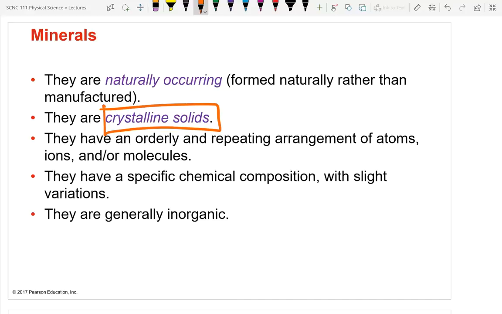Here's what most people think of as crystal. This here, I believe, is the calcite crystal. There's lots of different types of crystals. That's a type of crystal. This here is a different type of crystal. This here, I think, is galena.